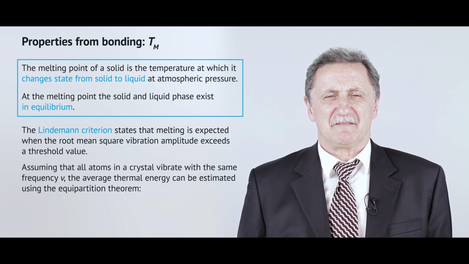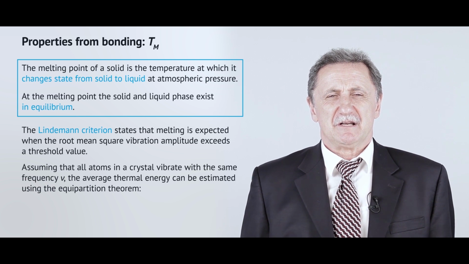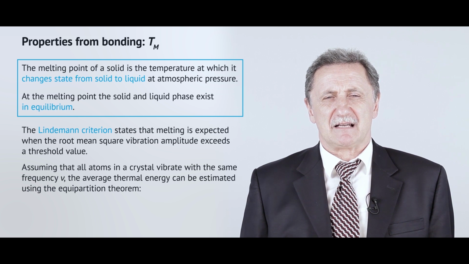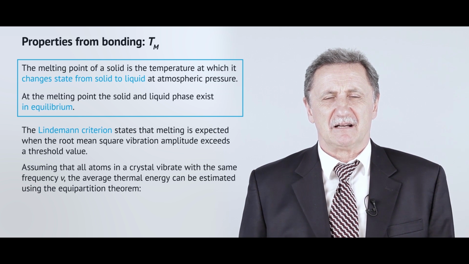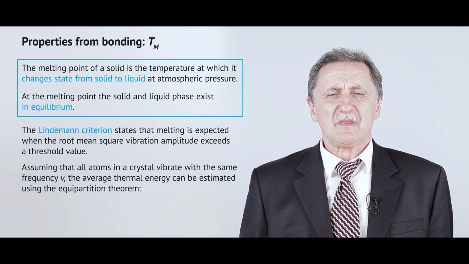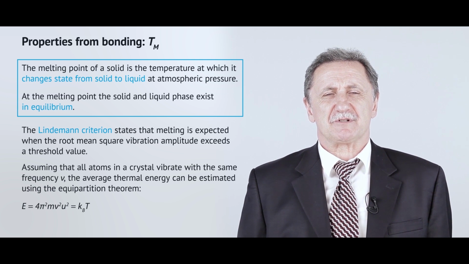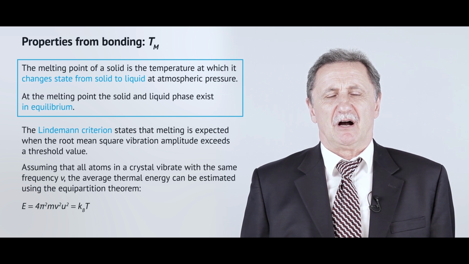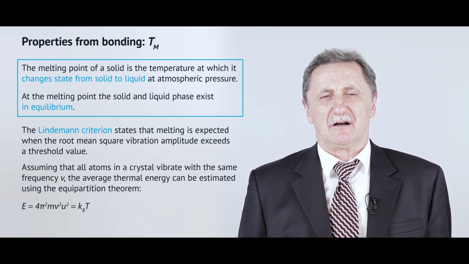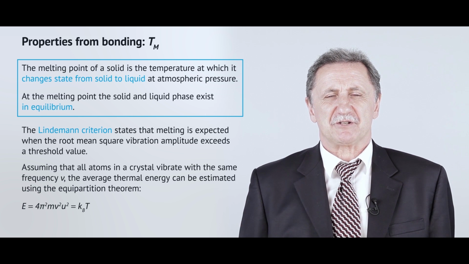Everybody understands that in the crystal structure, all atoms are in some sense vibrating about their positions, having different temperatures. Increasing temperature, of course, leads to the increase of the amplitude and the frequency of this vibration.